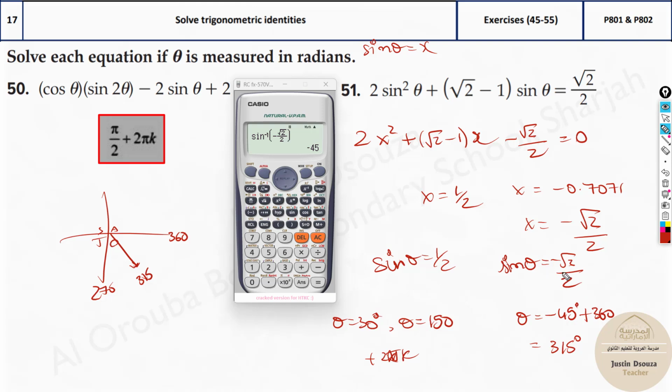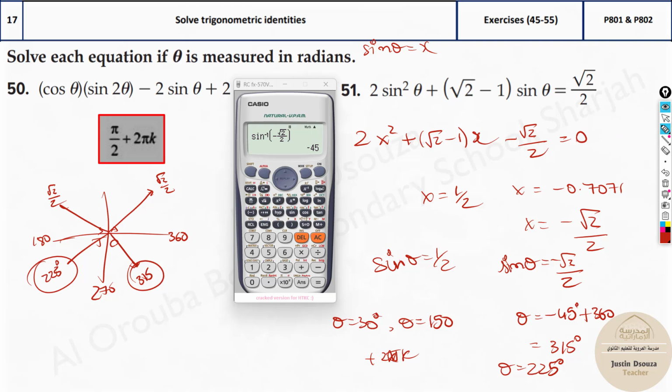Because I know it is sine negative root 2, it can't be this and this. Why? It can't be 45 degrees because I'll have positive root 2 by 2 over here. I'll have positive root 2 by 2 because sine is positive over here both. So it must be this one, 180 plus 45, that will be 225 degrees. So these are the solutions, this 225 and 315. So theta is 315 and also 225 degrees.